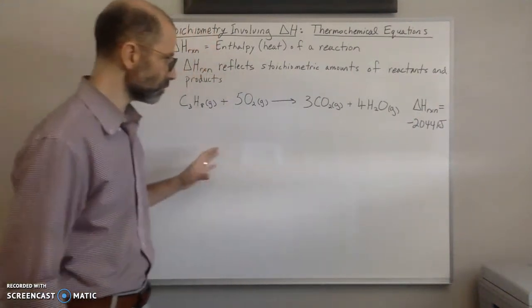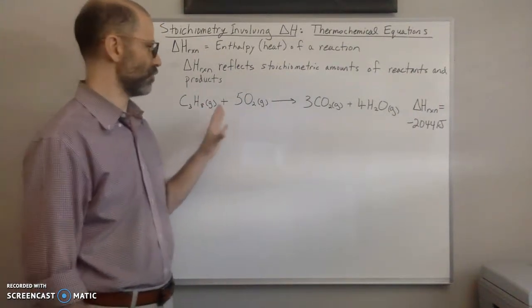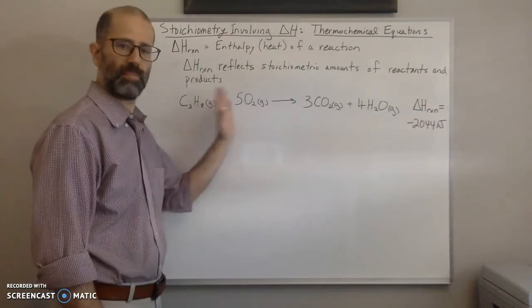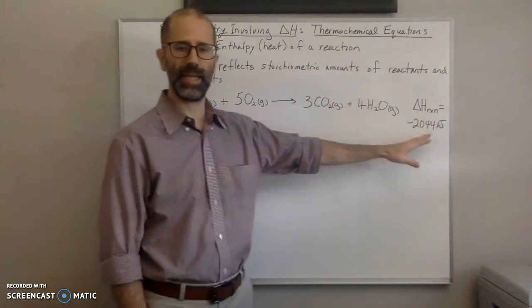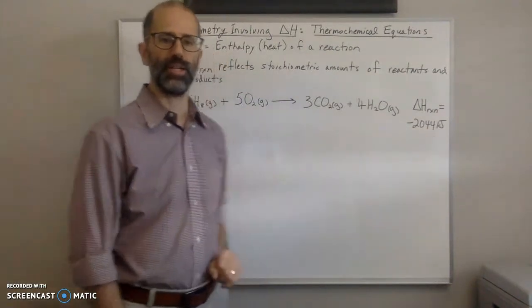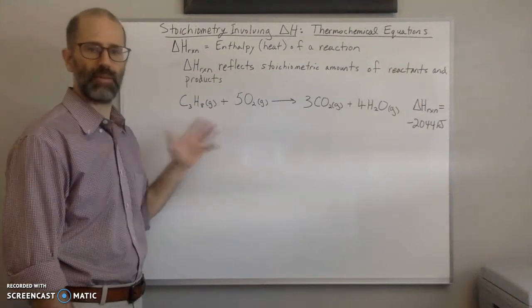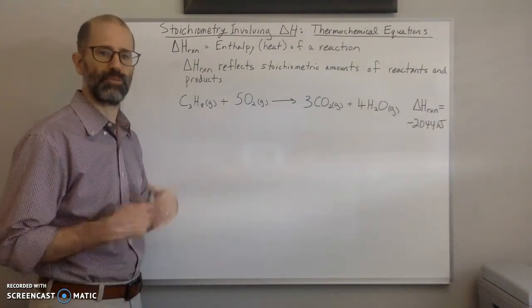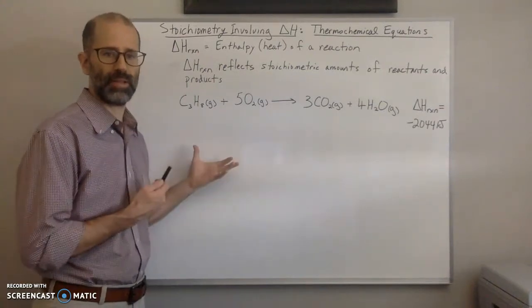The great thing about this is we now have a relationship between the amount of product and reactant in relation to a given amount of energy. And so we can use these stoichiometric amounts. Again, remember, anytime you use the word stoichiometry, it involves a balanced equation.